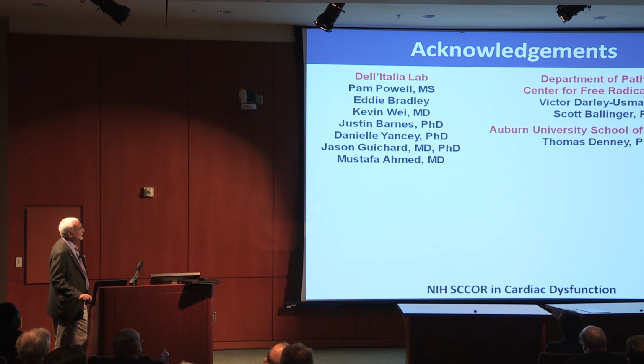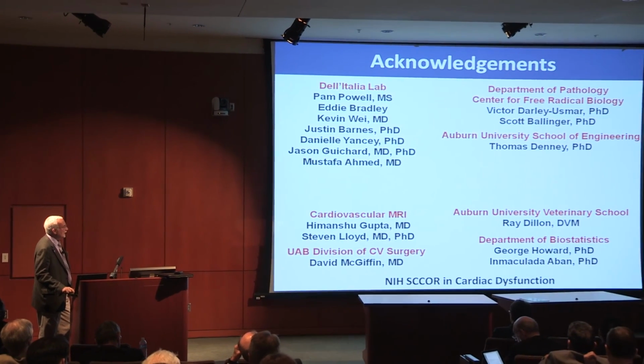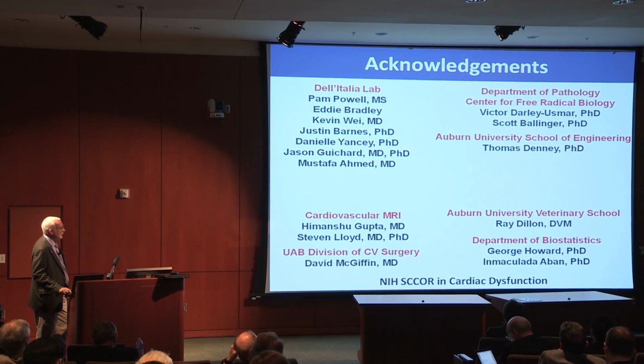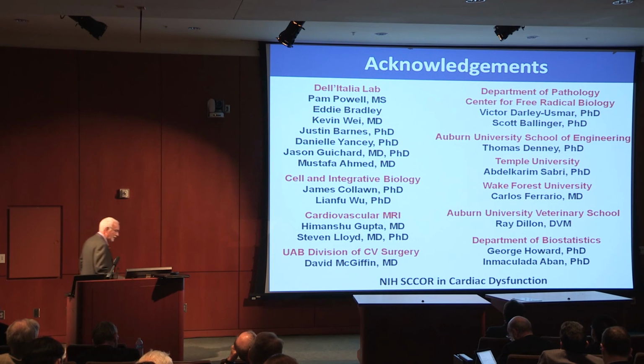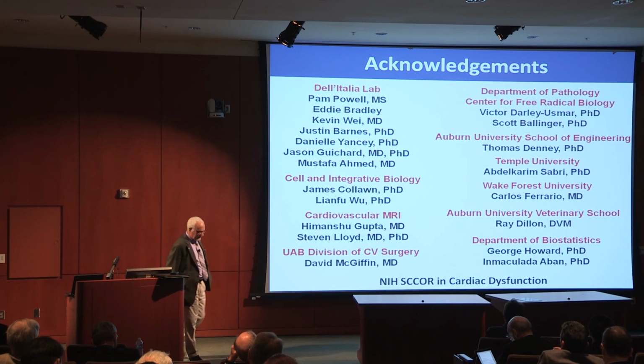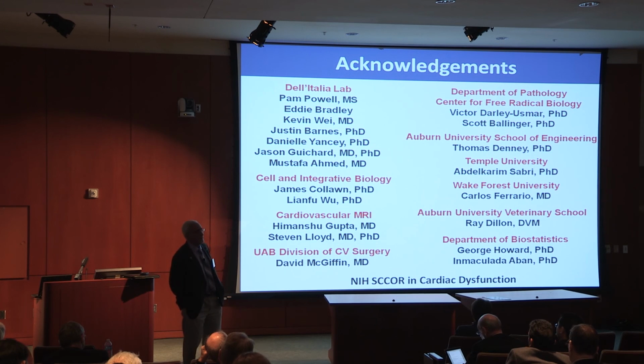The Auburn School of Engineering, the Vet School, the CV Surgery with David McGiffin, Cardiovascular MRI with Himanshu and Steve, the Department of Biostatistics who thought of this rate of progression analysis, still working with Kareem at Temple University, now with Cell and Integrative Biology, and now with Carlos Ferrario at Wake Forest, looking at the role of proteases such as chymase in this remodeling process.